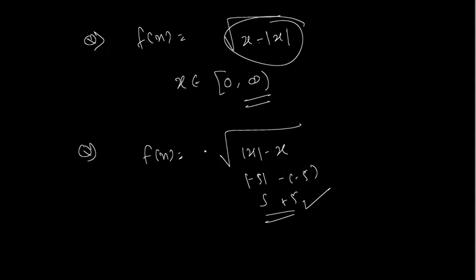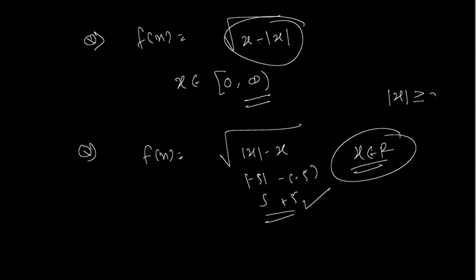So which is not possible in this situation? This is always possible. You can take any possible value of x. So you'll say x belongs to real numbers. Got it here? It is because modulus x is always greater than or equal to x. That's simple. Positive or negative, any quantity, if you take its modulus, it will be positive. So a positive quantity is either equal to a positive quantity or greater than or equal to a negative quantity.